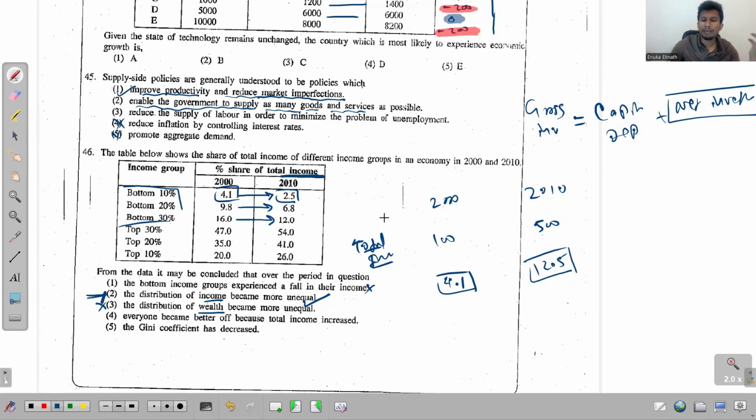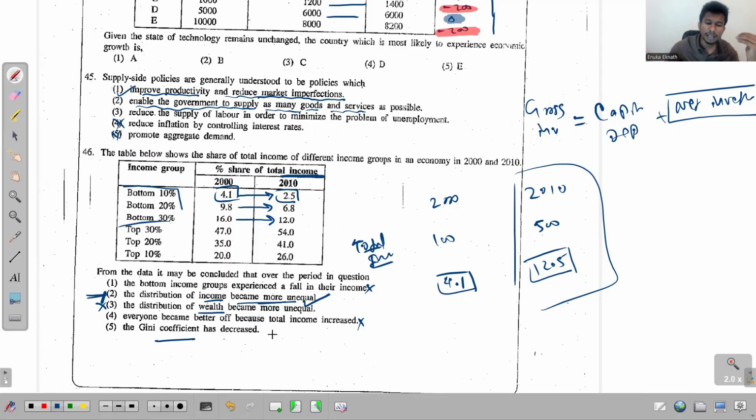We don't know what has happened to the total income. I did this discussion assuming that the total income has increased. Even it could decrease. We can't be sure about this. And the fifth one, Gini coefficient has decreased. No, if the inequality increases, the Gini coefficient also increases. If you do statistics, you should have calculated the Gini coefficient. You should know how to calculate that. Even in economics, we teach that.